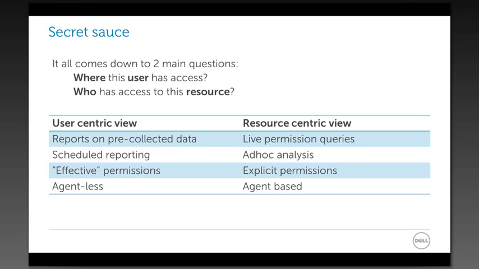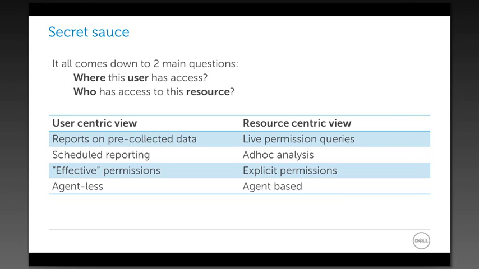For user-centric view, actually, I kind of swapped those two in this slide, so it's a mistake, but bear with me here. So for user-centric view, you actually are interested in live permission queries. So you want to know, at this particular time, what and where a user has permissions.